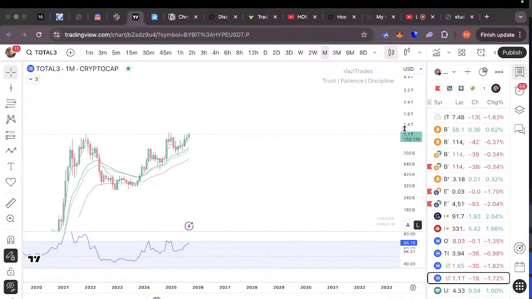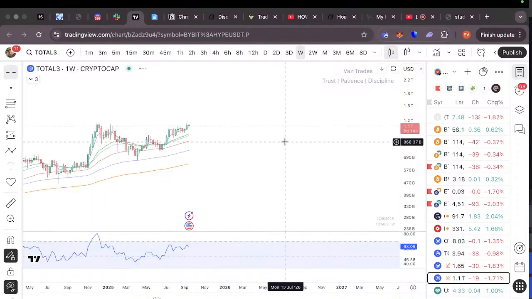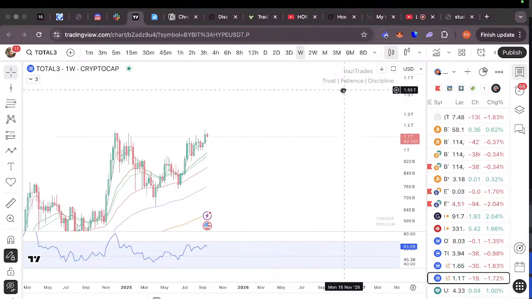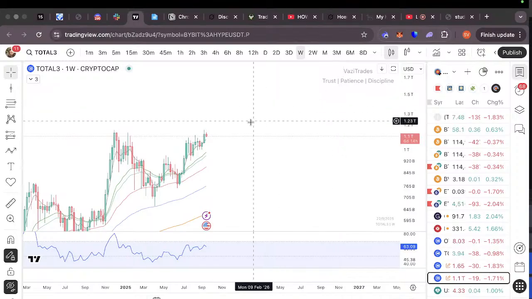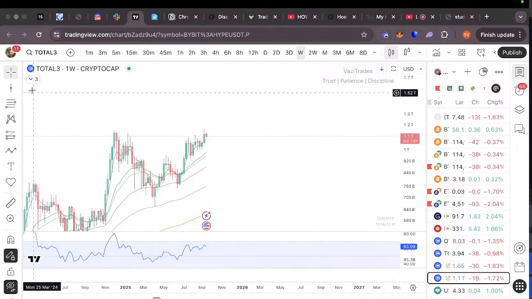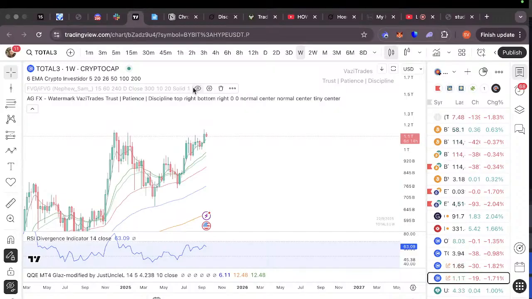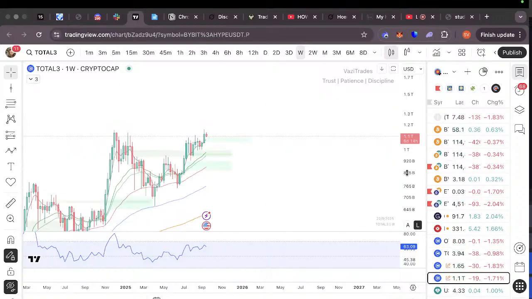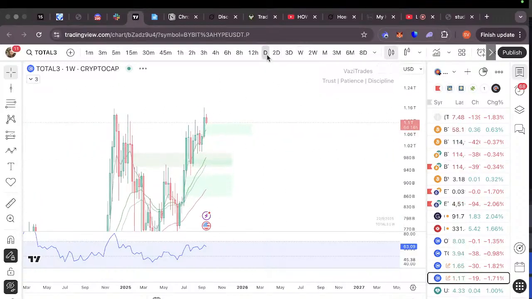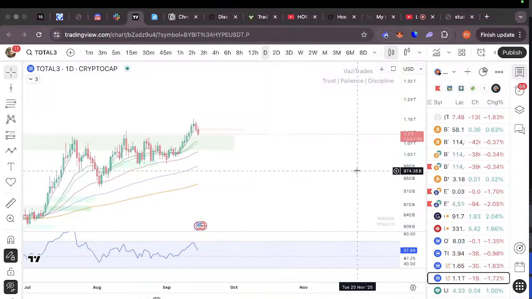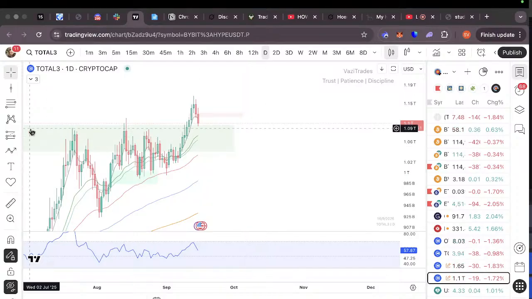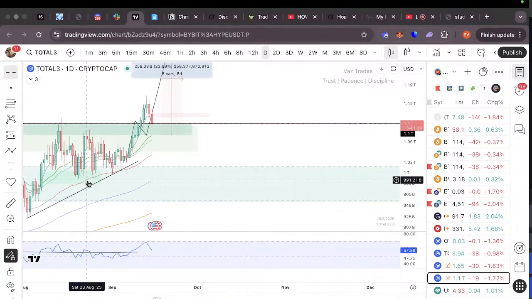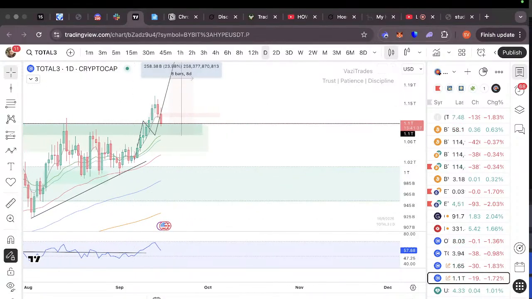According to monthly, let's go to weekly time frame. According to weekly time frame, it's nothing so far. Weekly is holding above weekly FVG. According to daily, price is above daily FVG and these EMAs, which means price needs to properly retest these 20-26 EMAs.